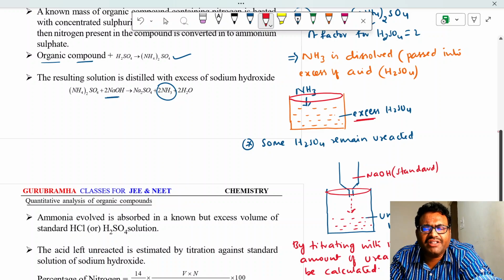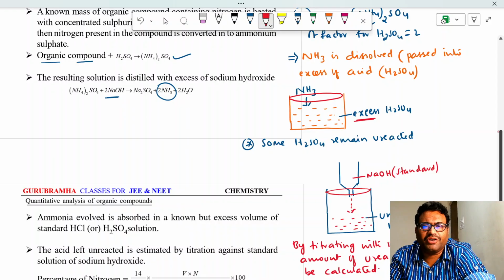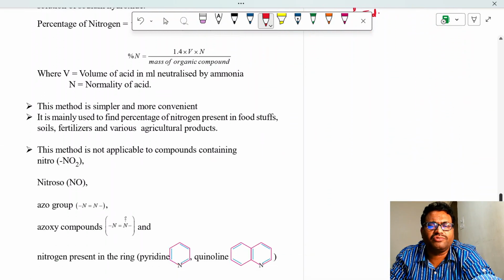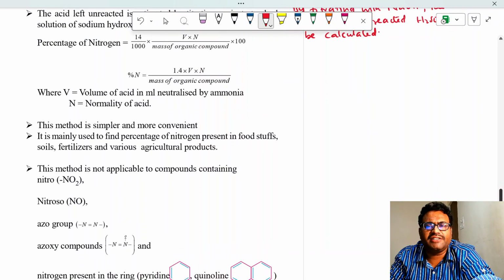By titrating with NaOH, how much H2SO4 is unreacted can be known. This particular point is very important. Based on this, we are asked several questions in competitive examinations. So let us understand it by an example also.